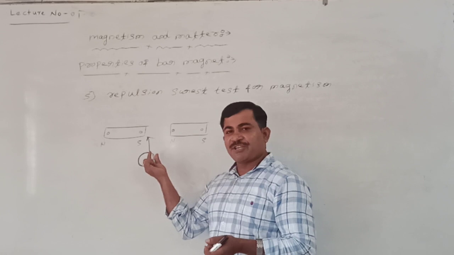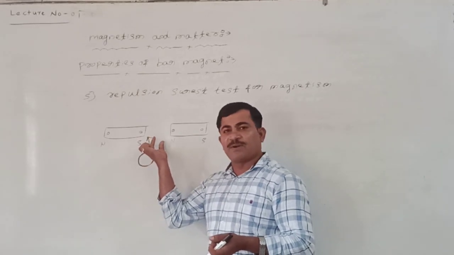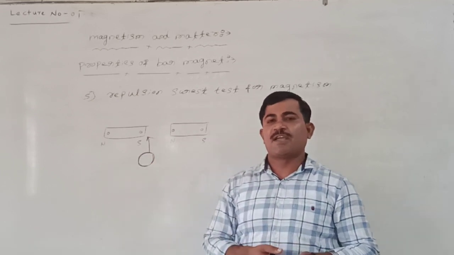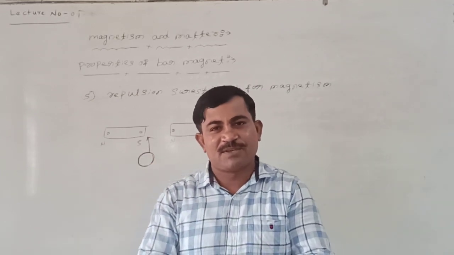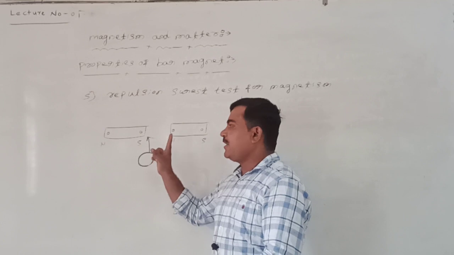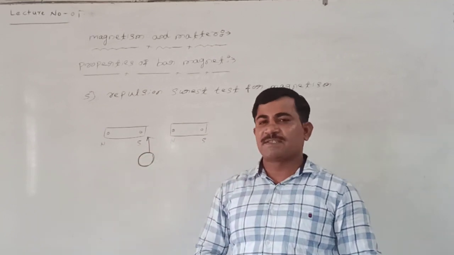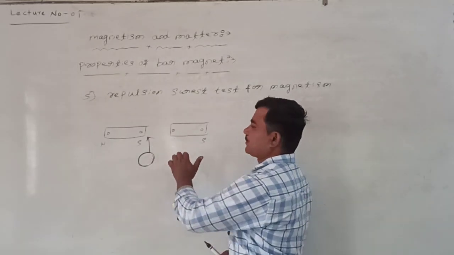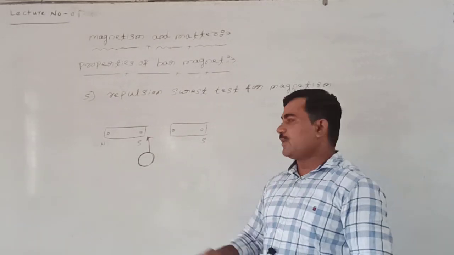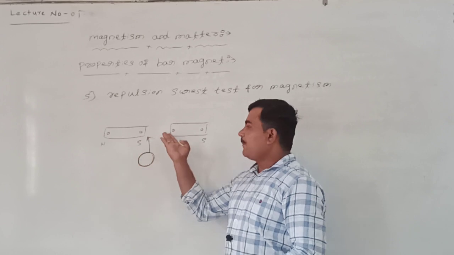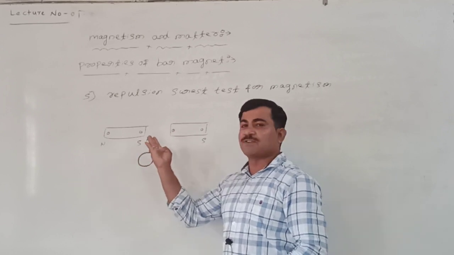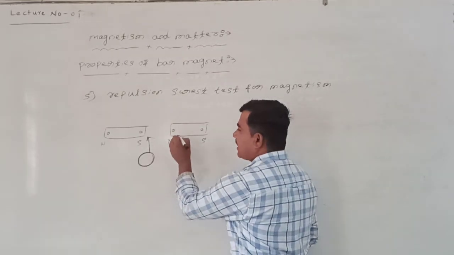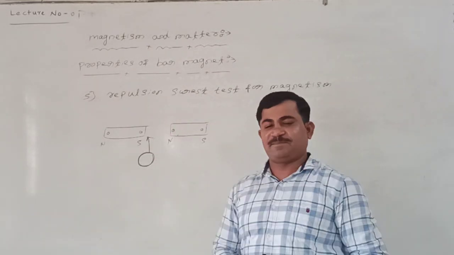In this case, unlike poles attract each other and the magnetic material iron also attracts. Here confusion may arise: which is the magnet and which is the magnetic material? It is not easy to identify. If it is the north pole, this attracts, this also attracts. Confusion may arise about which is the magnet and which is the magnetic material.